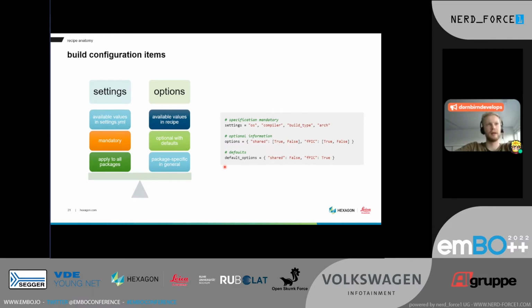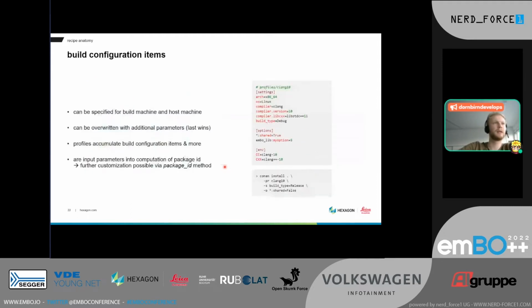Now that we have them defined, how do we use them? First of all, we have to know that build configuration items like settings and options differ in Conan between the build machine and the host machine, and you can overwrite these build configuration items.